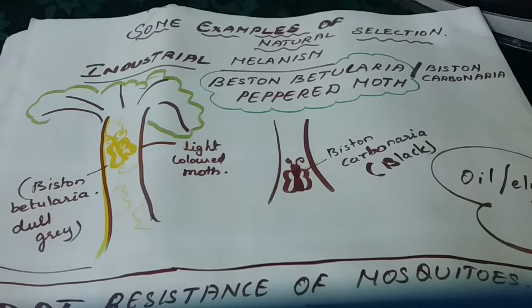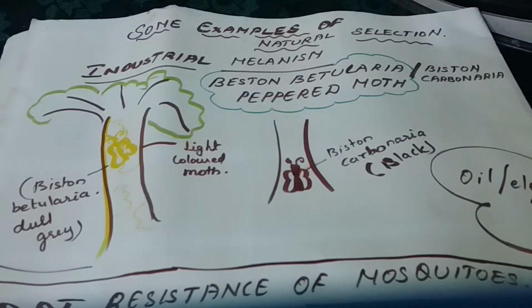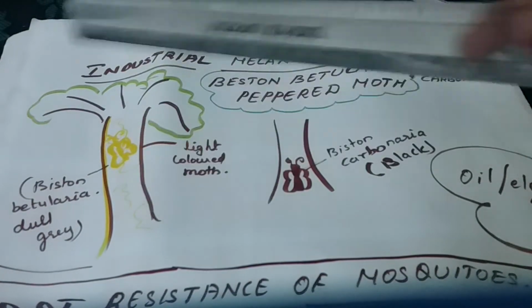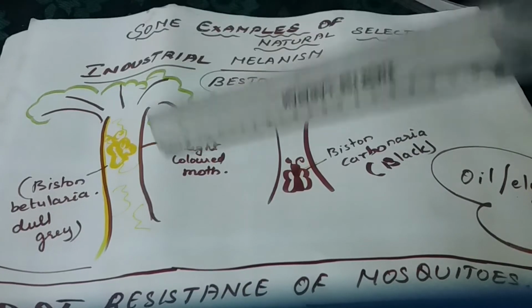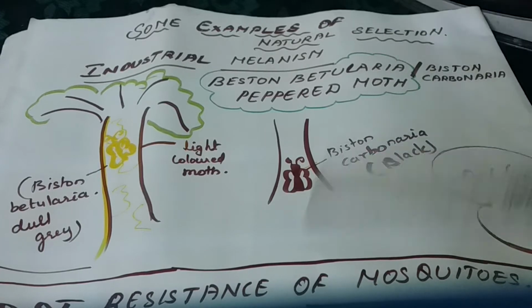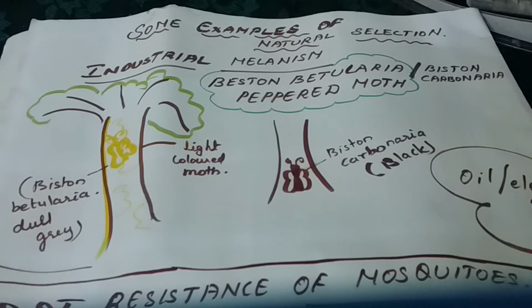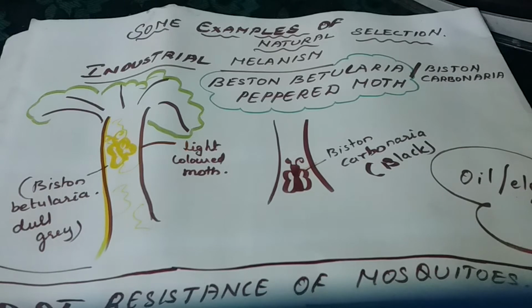When the conditions became like this, Biston betularia, when it rests on these trees with the smoke particles, was immediately captured by the predators because the light grey color could easily be identified, whereas the black ones, Biston carbonaria, were not identified in that environment. Biston carbonaria's number increased, whereas Biston betularia's number reduced.